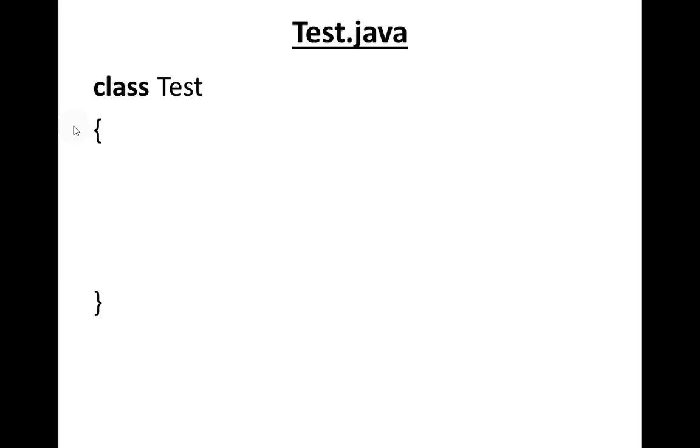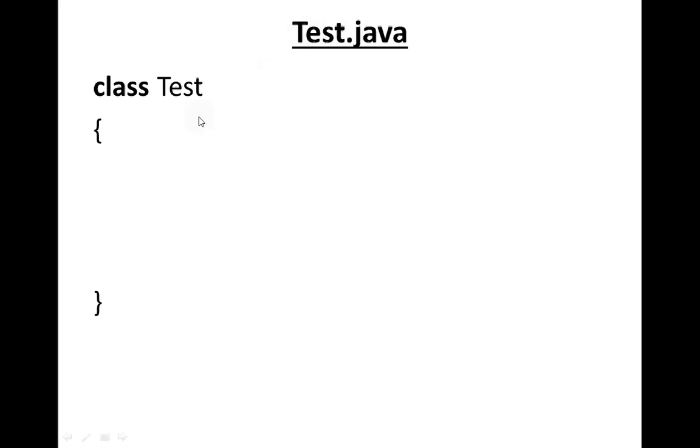Okay. So here we are going to define a class whose name is test. You can give any valid user-defined name. It need not be test. Here the class name and the file name should be the same. So I am giving test as the class name here, so the file name is also test.